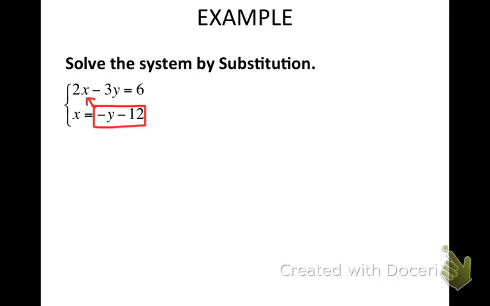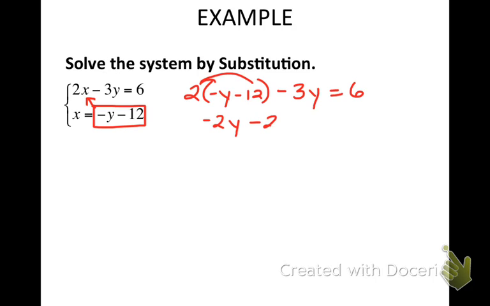So, my equation number 1 is now going to turn into 2 times, in place of x, I'm going to put negative y minus 12, minus 3y, and equal it to 6. Is that something we can solve? Yeah. Hopefully. Distributive property results in negative 2y minus 24 minus 3y equals 6.